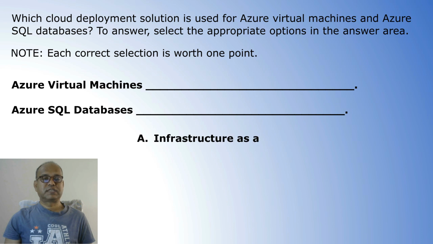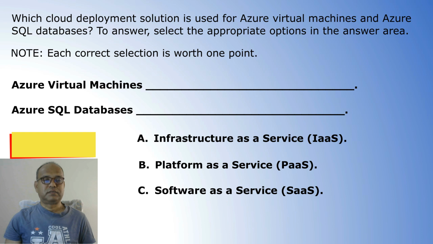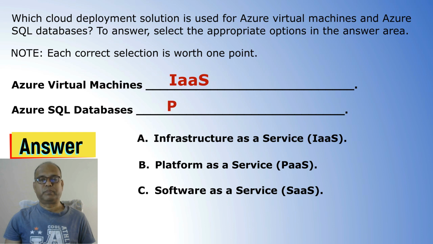Option A, Infrastructure as a Service IaaS. B, Platform as a Service PaaS. C, Software as a Service SaaS. Answer. For Azure Virtual Machines deployment, Infrastructure as a Service IaaS is the correct option, but for Azure SQL Databases, Platform as a Service PaaS is the correct option.